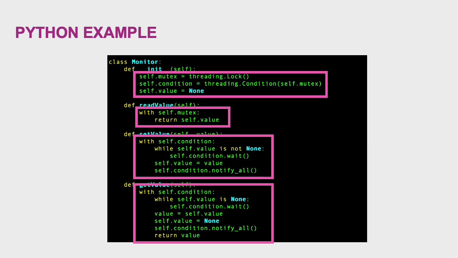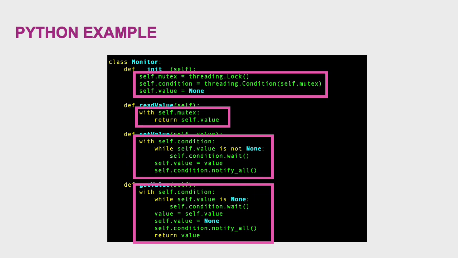Then we have the get value and the set value methods. In this case, we use the condition variable, and in particular, the condition variable makes it possible for us to implement a simple synchronization policy to access the value attribute. In particular, let's consider the set value.